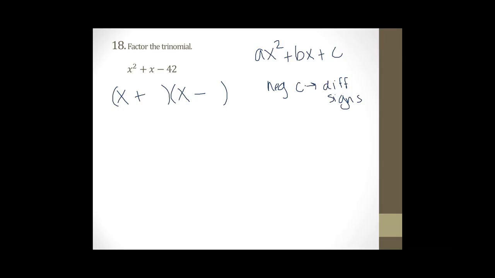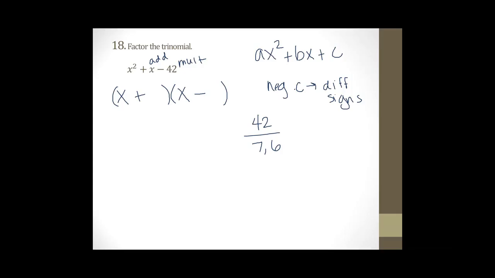All right, now we need to figure out the two numbers that multiply to give us negative 42 and add to give us 1. So if we think of two numbers that multiply to give us 42, if I think of 7 times 6, 7 times 6 is 42. Now I need to add the two numbers together to get 1, and they need to multiply together to get negative 42. And we already have here that one of them needs to be a negative number.